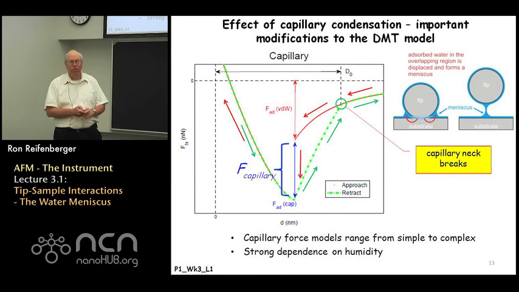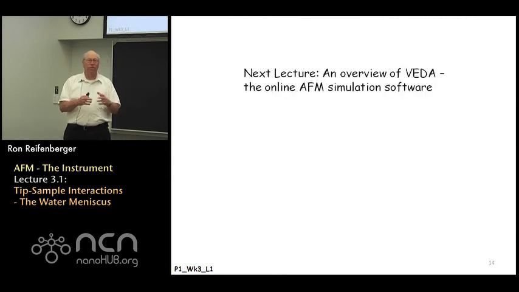So that's all I wanted to say about the meniscus force. There's a lot of material in the appendix for those of you that want more of the details. So I encourage you to sort through that on your own time.